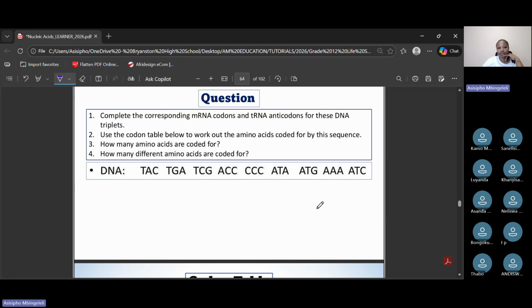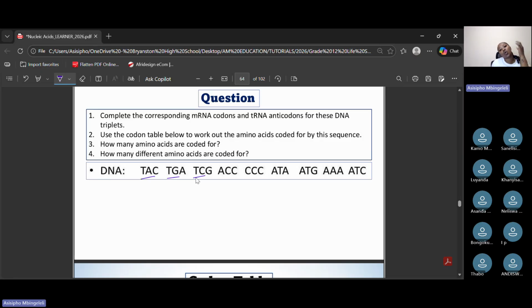Let's do this one. Actually, I'll give you 5 minutes to do this one. Let me break it down for you. Complete the corresponding messenger RNA codons and transfer RNA anticodons for these DNA triplets. We are calling them triplets because we read bases in 3s.